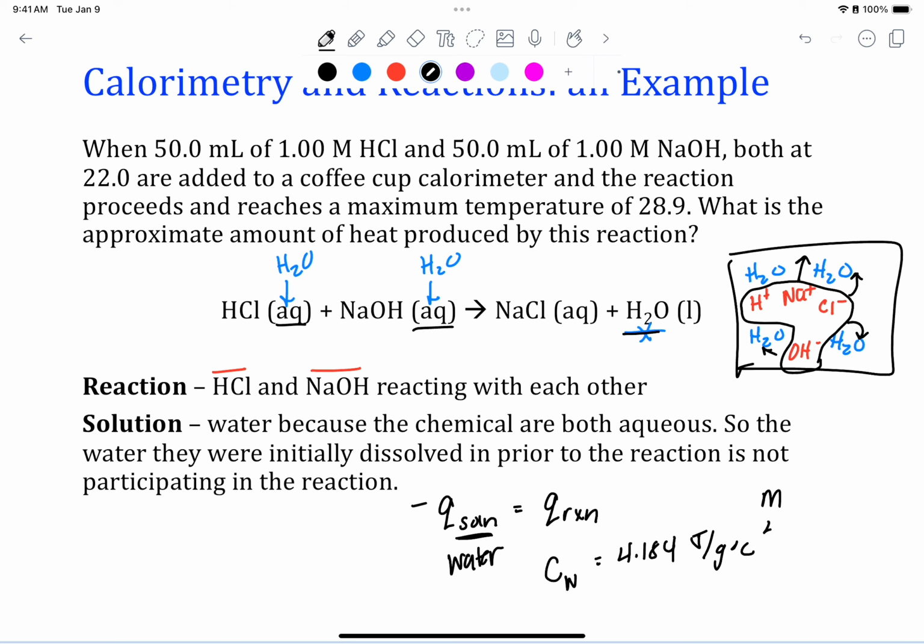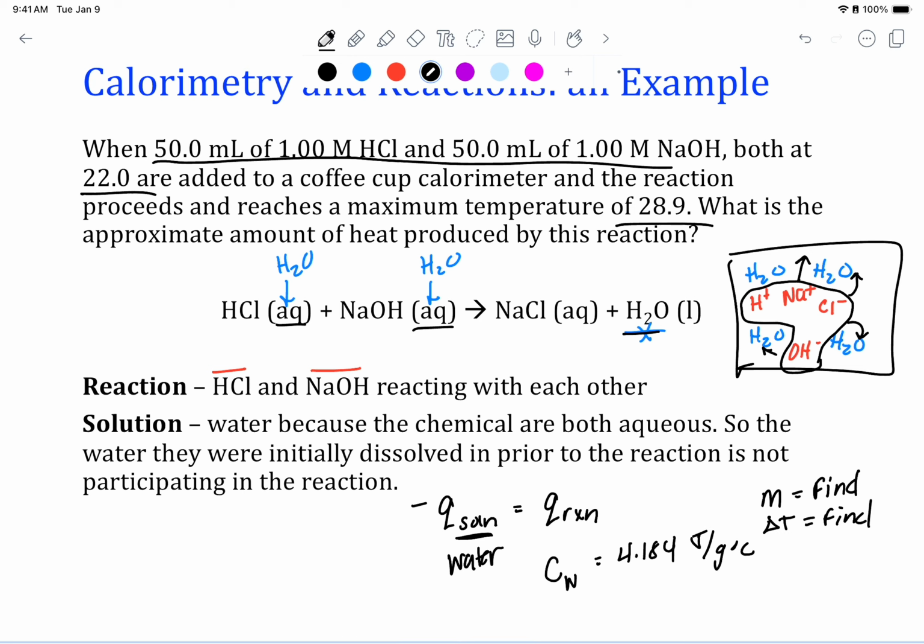We can find the mass, and we can find its delta T. These can all be found. We can find those values from the problem. So if we can find the Q of the solution, we don't even need to worry about doing any sort of calculation with C or M or T of the reaction. We could just use that equation there.